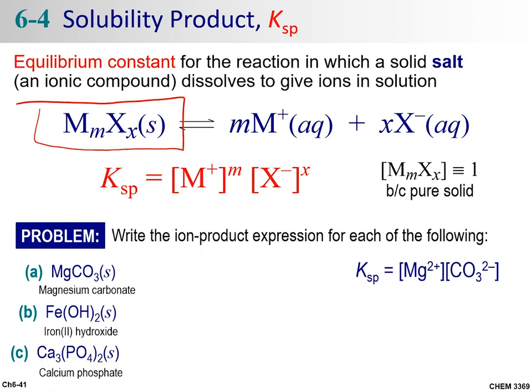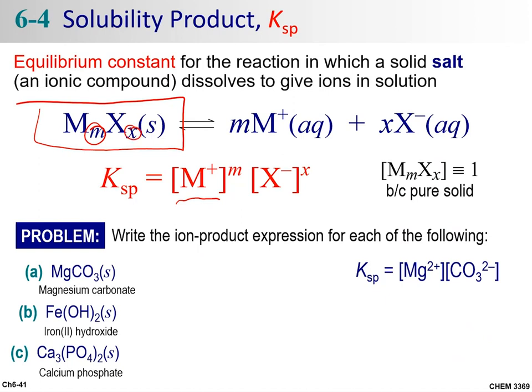Then from the stoichiometry, we know that the solubility product, or the equilibrium constant expression, will be the concentrations of these ions, cation and anion, with the exponents that correspond to the stoichiometric coefficients in the formula.